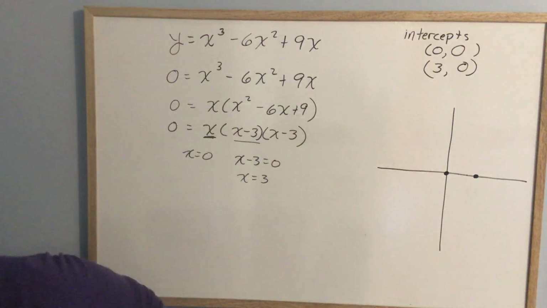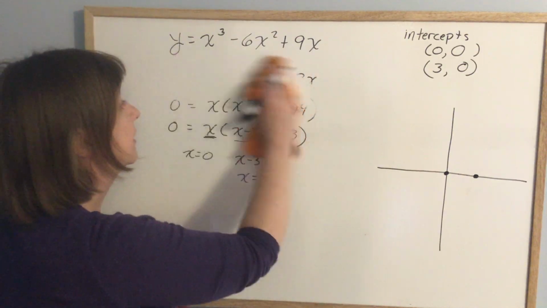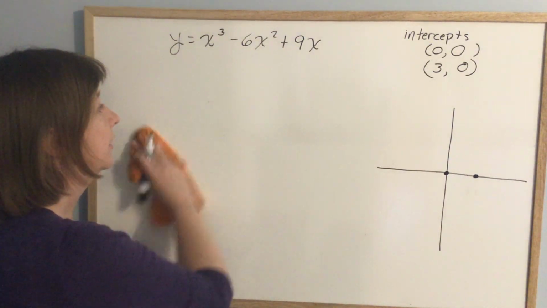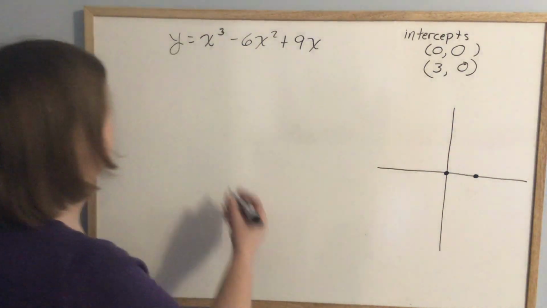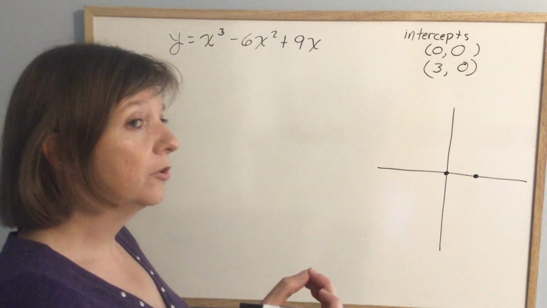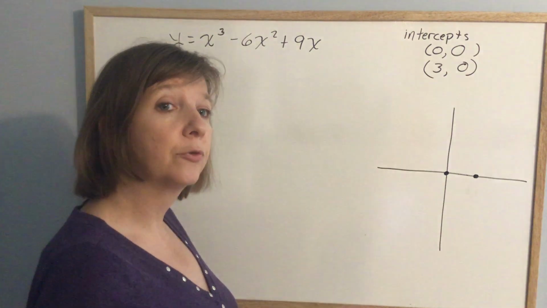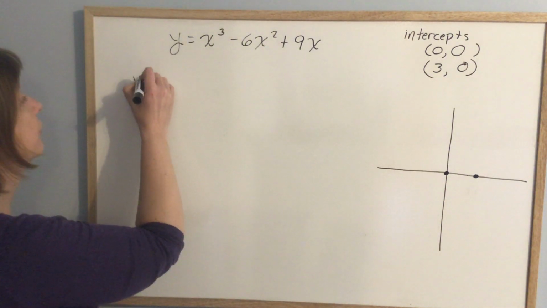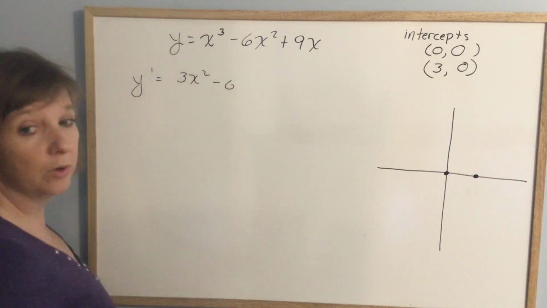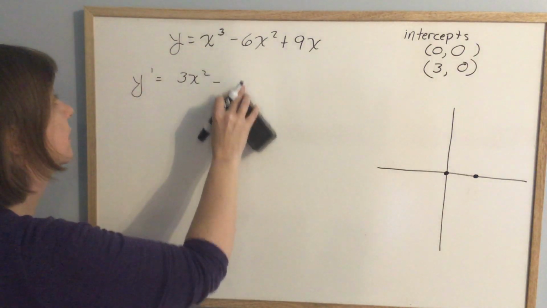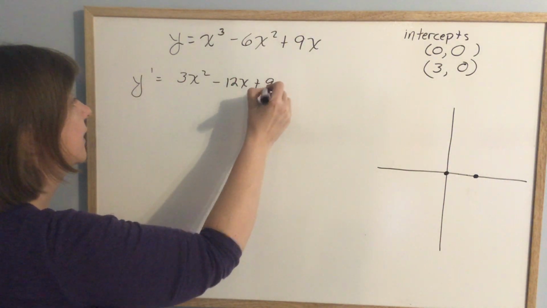Now I'm going to worry about where it is increasing, where it is decreasing, and whether I have any local maximums or minimums. Finding areas of increase and decrease and local maximums and minimums means you have to find the first derivative. So the first derivative would be 3x squared minus, not 6x, minus 12x plus 9.